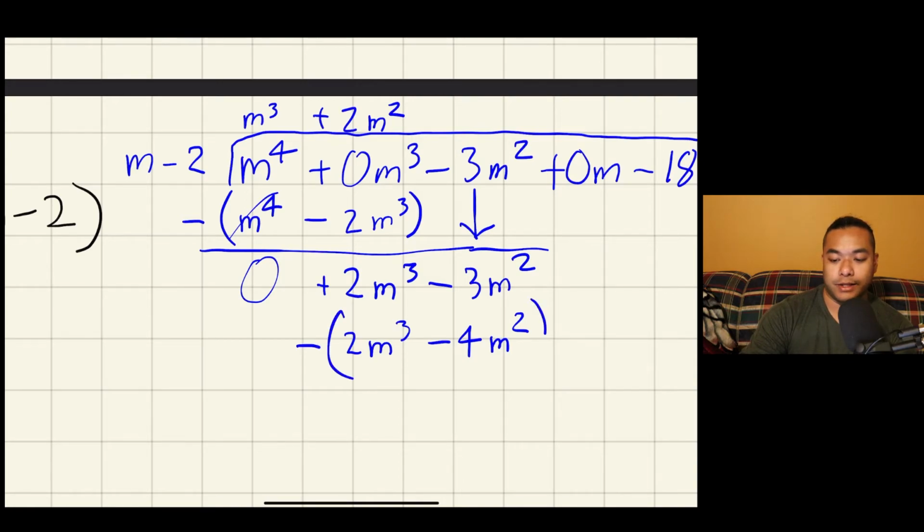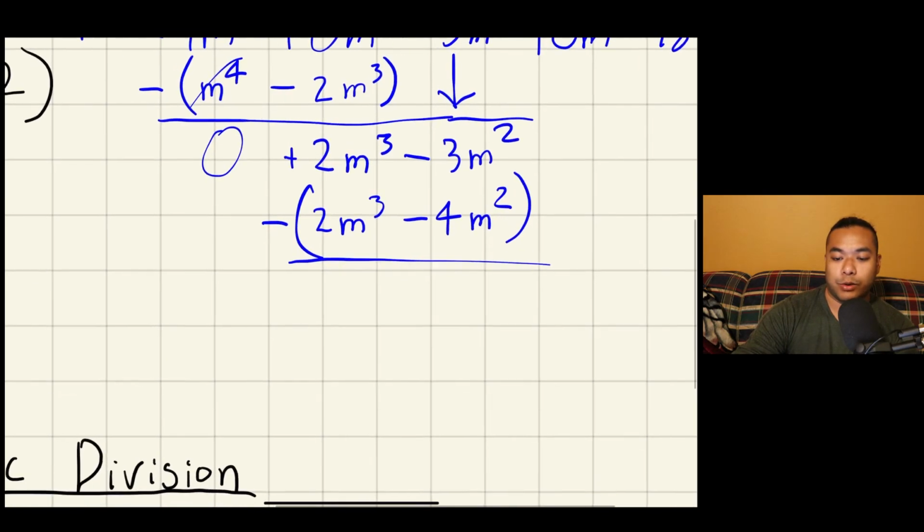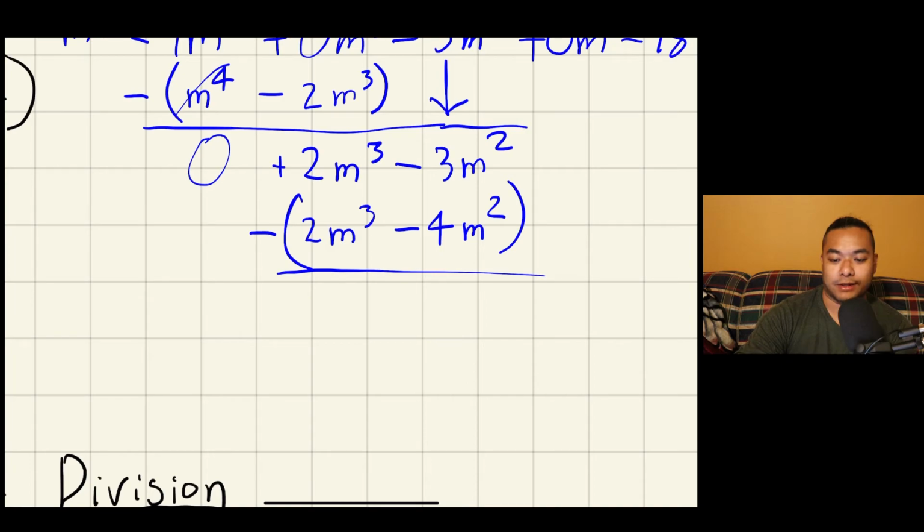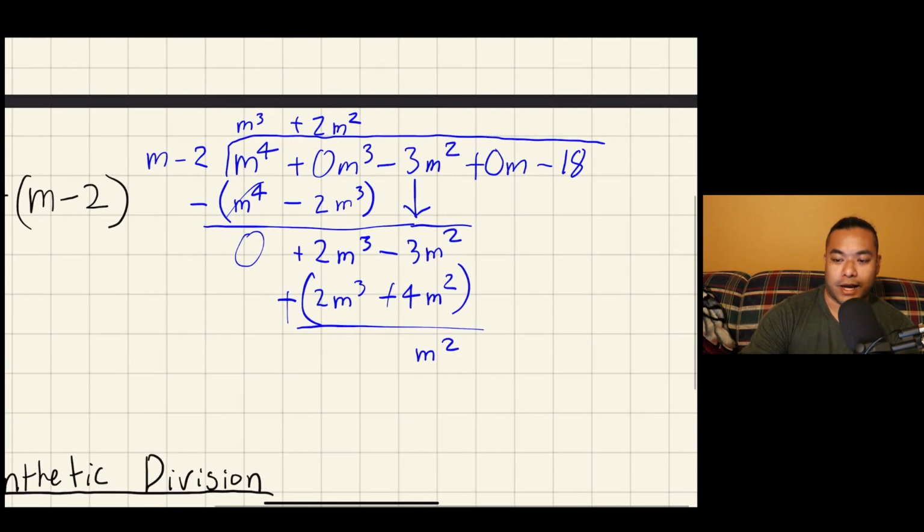Subtract all of this, and we get 2m cubed minus 2m cubed cancels to 0. Negative 3m squared plus 4m squared gives me m squared. Bring down my 0m, so plus 0m.